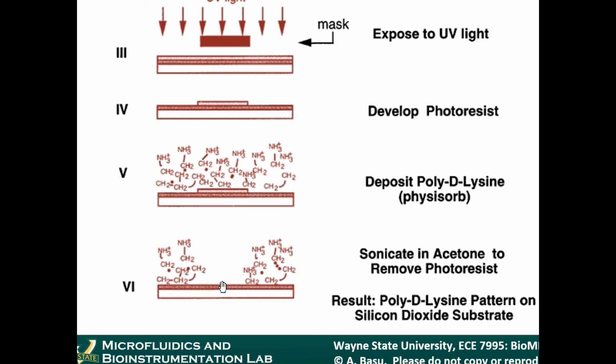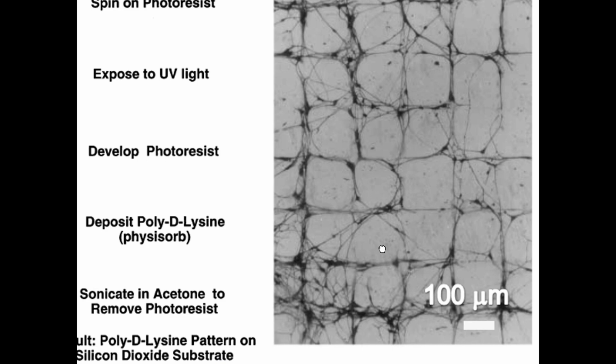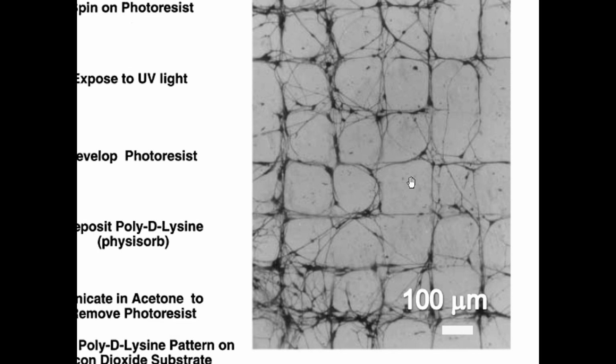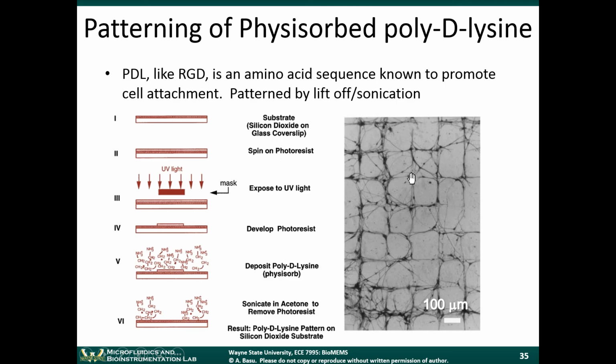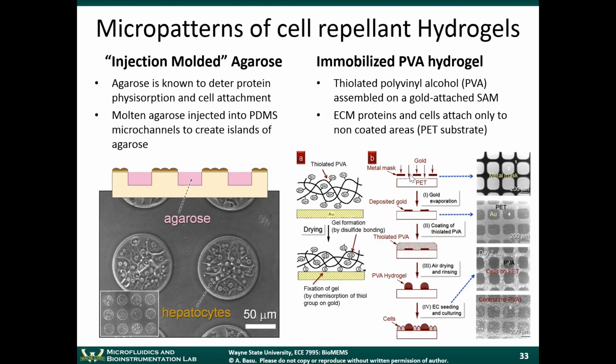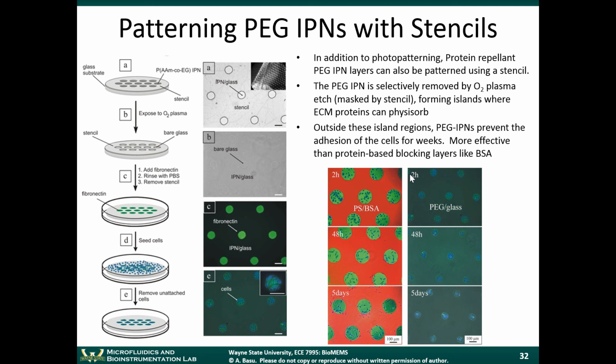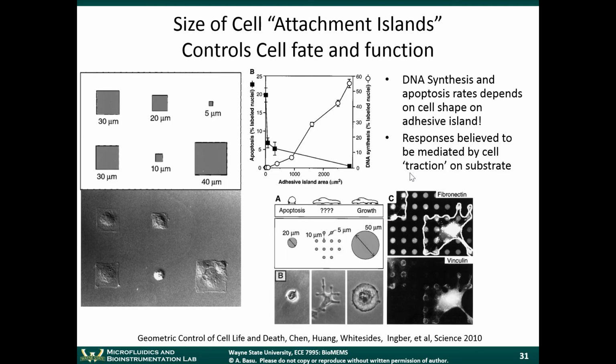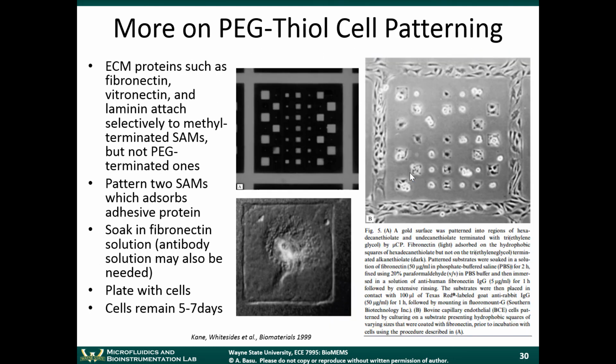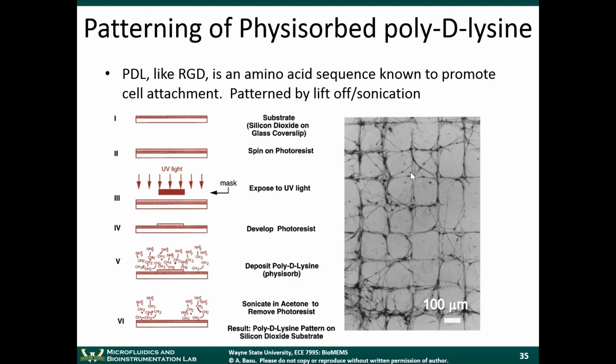So every part that wasn't covered by the photoresist now is covered with the poly-D-lysine. So you have this poly-D-lysine pattern, then you can grow cells, and the cells will attach to just those regions. So you can see some of these techniques involve some photolithography, some of them involve stencils. So there are all these different ways that we can pattern cells simply by patterning the adhesive or non-adhesive molecules on the surface.